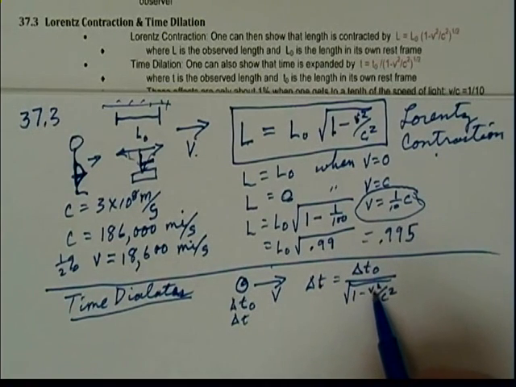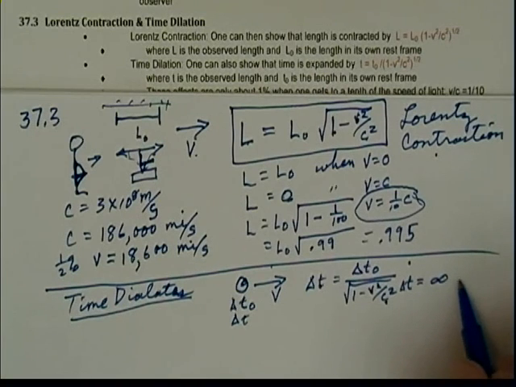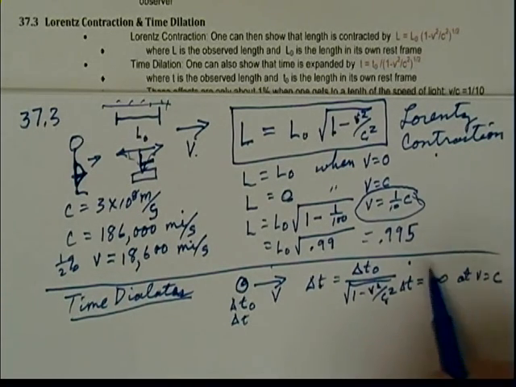In fact, if the velocity is equal to c, you get 1 over the square root of 1 minus 1, which is 0, and you're dividing by 0, so delta t is equal to infinity at v equal to c.